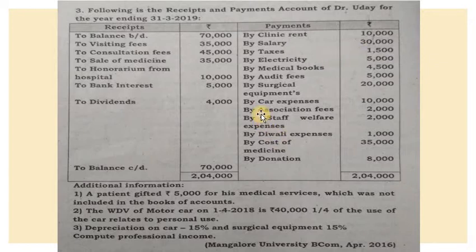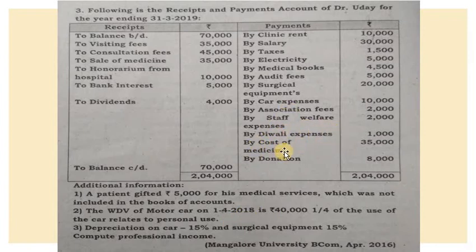Then there are other expenses: association fees and staff welfare expenses, again related to his profession. The medical association will be there, he will be a member, so that fee is related to his profession. Staff welfare expenses are also related to his profession. Then Diwali expenses: no information is given, so we will treat it as personal expense.